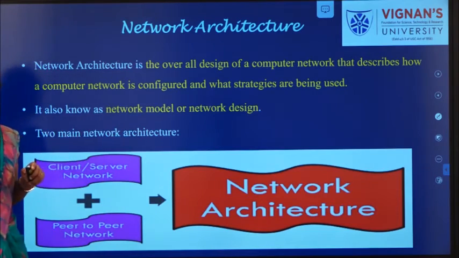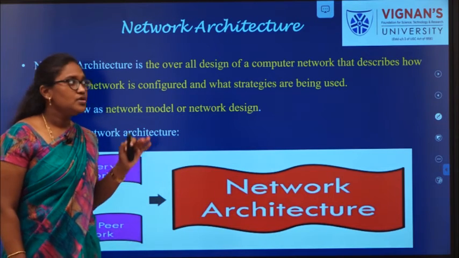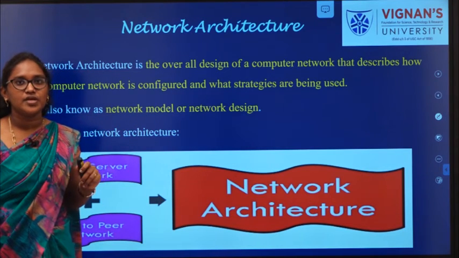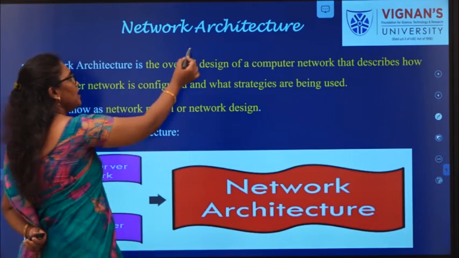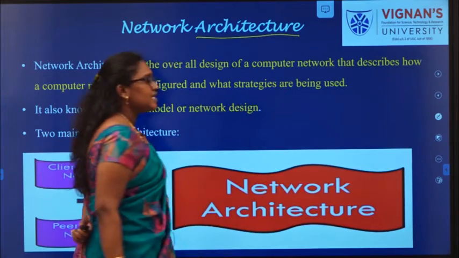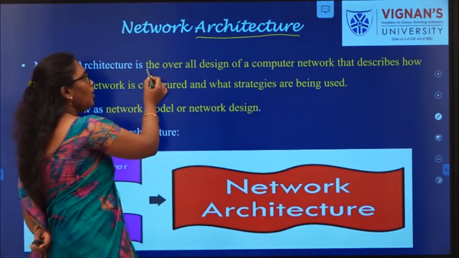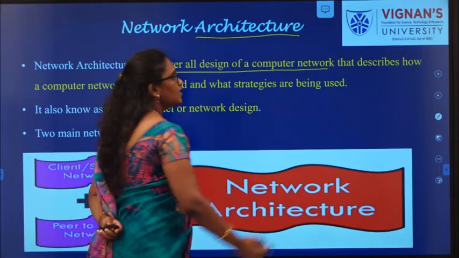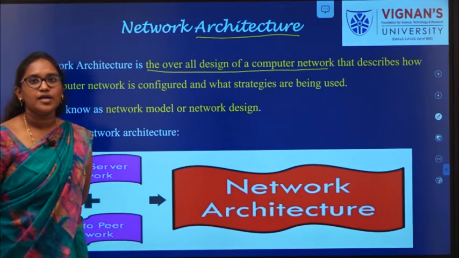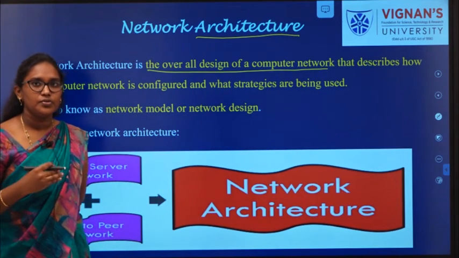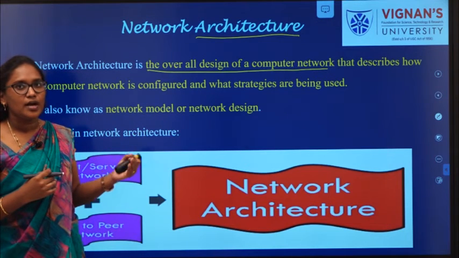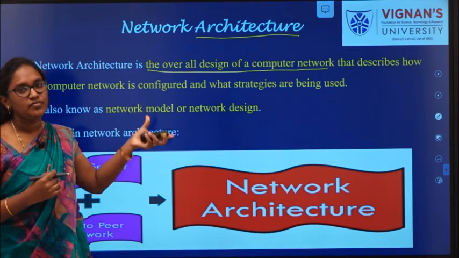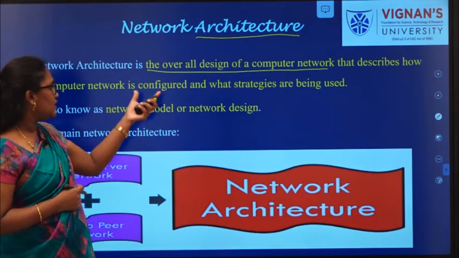If you observe this table, you will very easily understand. Next one is network architecture. So what is the meaning of network architecture? The architecture itself says it is the overall design of a computer network. That means how one computer is connected to another computer, that specific design we consider as an architecture.